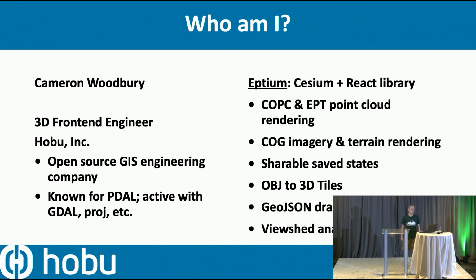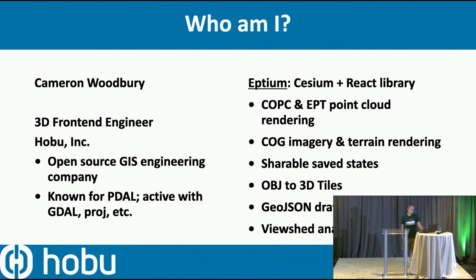And we chose Cesium to take advantage of the amazing renderer and ecosystem. And we chose React on top of that for the developer experience, at least for our Hobu developers, and state management. And I will be referring to Eptium throughout this presentation, but pretty much everything does apply to CesiumJS, sometimes even nicer without React in the way.